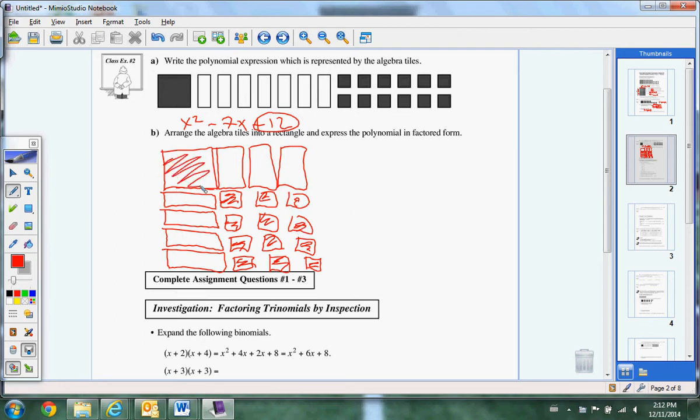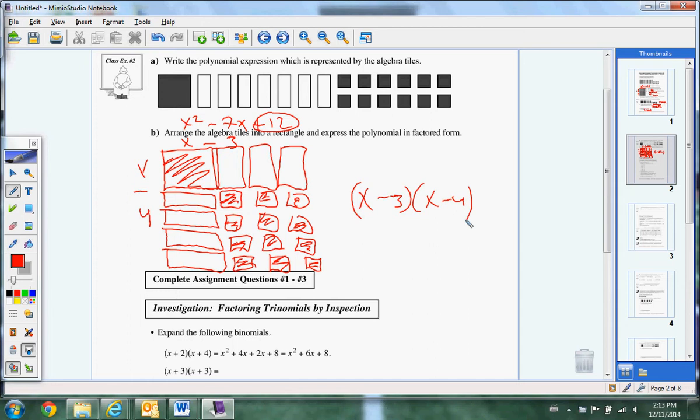And this is dark. Okay, so that creates an x minus 3 and an x minus 4. Just like so.